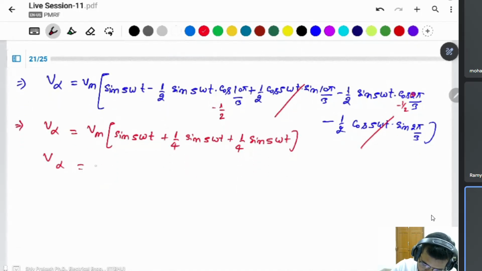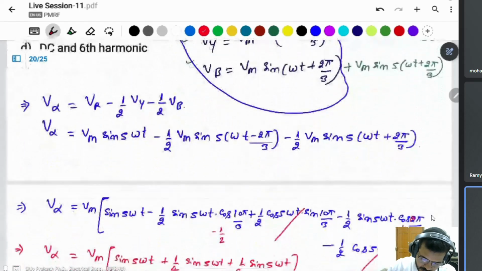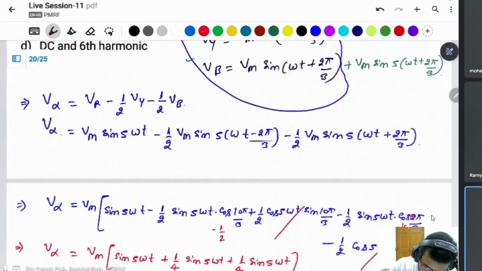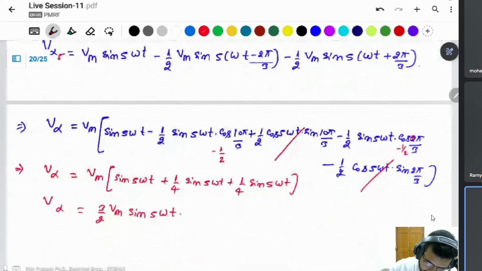Then Vα is equal to Vm, same 3/2 Vm sin 5ωt. For this one, okay, I have used 5 for a fifth harmonic.